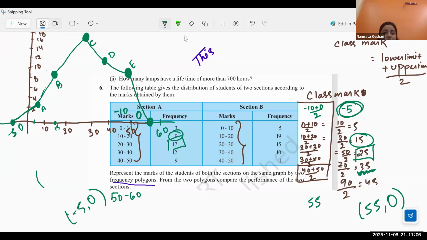Yes, ma'am. Please do this much first, and then I'll be telling you what to do with the next section B, how to represent that on the same coordinate axis.